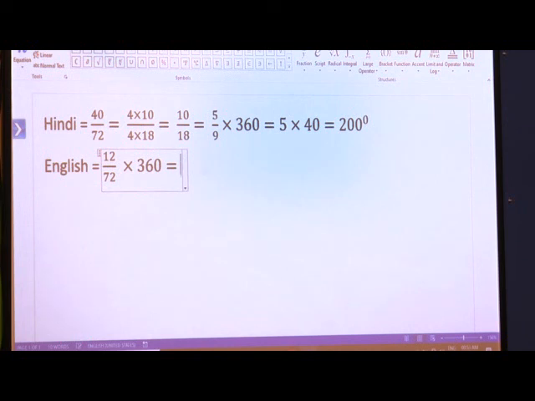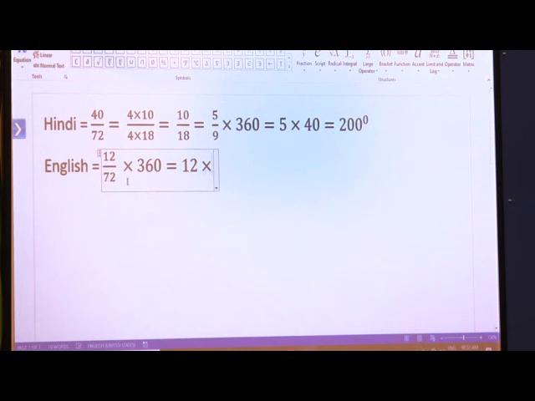What we can do? 12, how many are 72? Or you can cancel between 72 and 360, that also can work. Are you understanding? What will happen if you cancel 72 and 360? 12 will remain as it is.